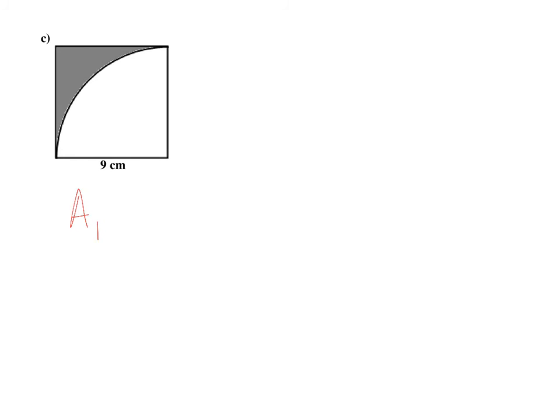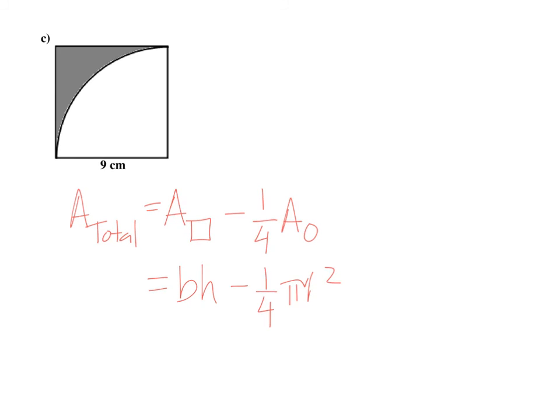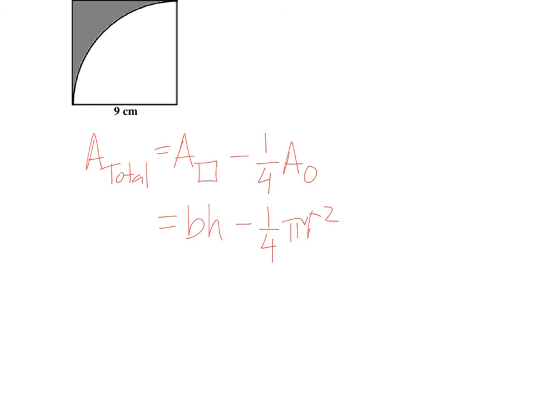So I'm going to backtrack now. And what's my formula going to be? Area total is equal to area of the square minus, how much of a circle are we cutting out? 1/4 the area of a circle. All right, so now I have base times height for the square minus 1/4 pi r squared. Now, the base and the height are both 9 for the square, minus 1/4 pi.